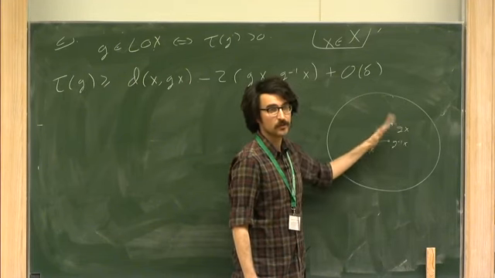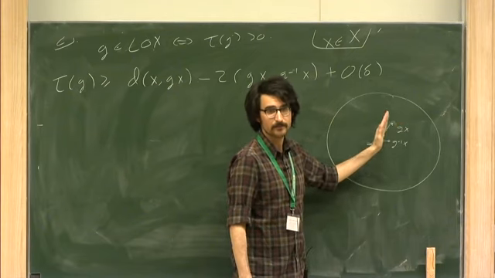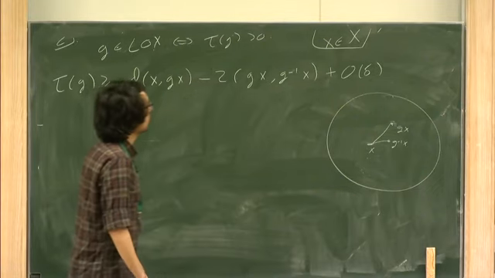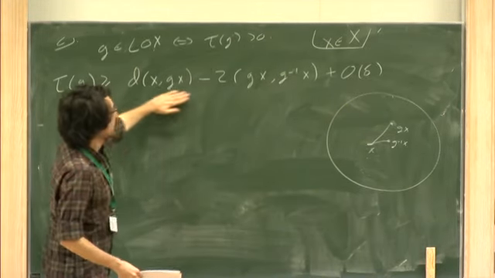Right? In that case, I could just be rotating around X, for instance. Okay? All right, so I want this to be big and this to be small.